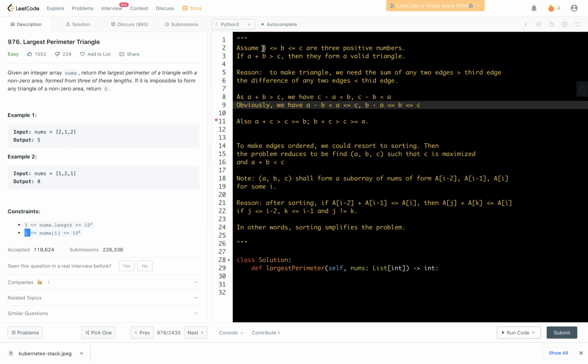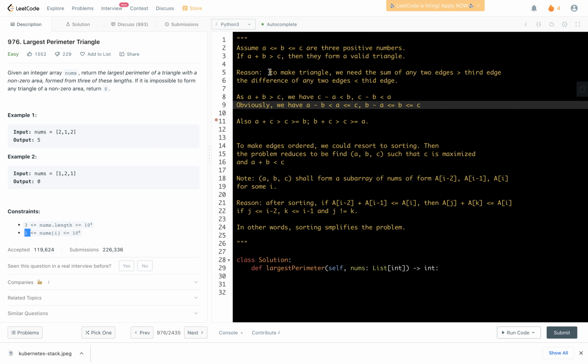Assume that A is less than or equal to B, which is less than or equal to C, without loss of generality. Under this assumption, ABC can form a valid triangle, in other words the area is positive, if and only if A plus B is greater than C. The reason can be easily digested.